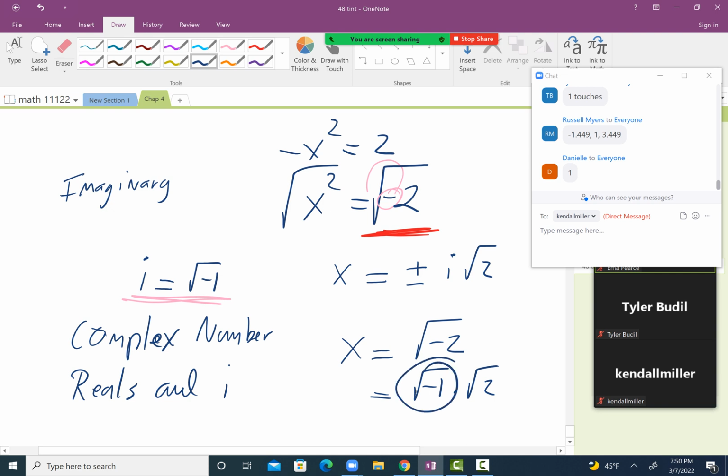And the square root of negative 1 is i. So really all that happens when you have a negative is that the i is going to pop out in front, and that's what you get. x equals plus or minus i square root of 2 in that situation. All right, so that gives us our three answers. 1 and plus or minus i root 2.